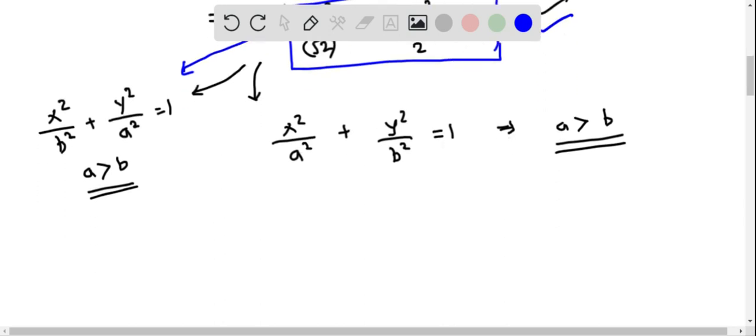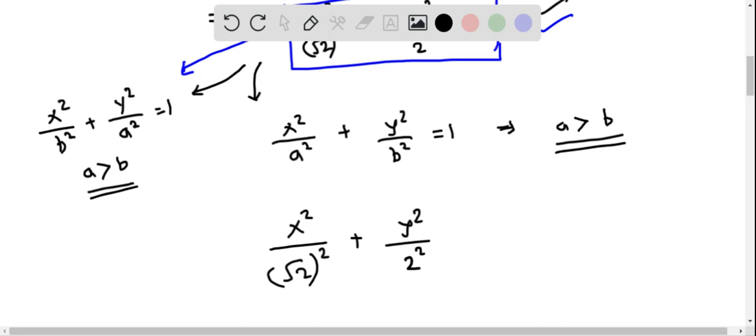Let's determine a as well as b. So let me copy the equation. We have x squared by root 2 quantity squared plus y squared by 2 squared equals 1. And we have determined that a equals 2 and b equals root 2.